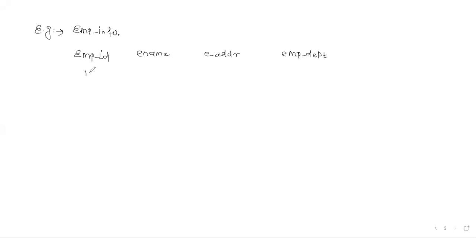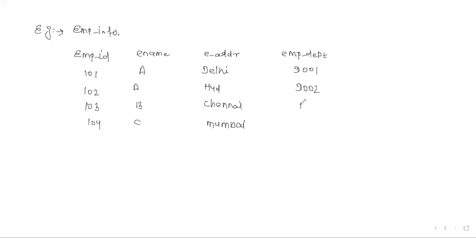Some values are there, for example, 101, 102, 103, 104. Name is suppose A, B, C. Address is Delhi, Hyderabad, Chennai, Mumbai. Department, you can say anything. Okay, suppose they are working in D001, D002, D002, D003.